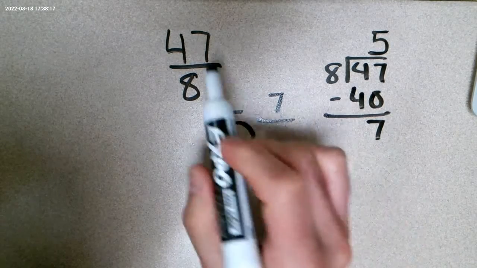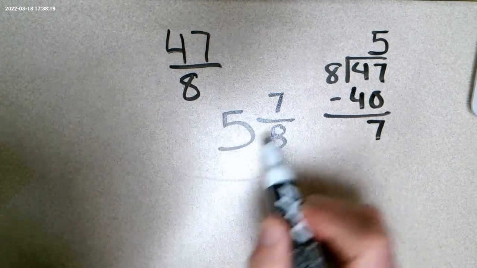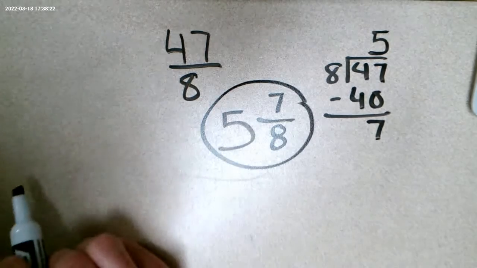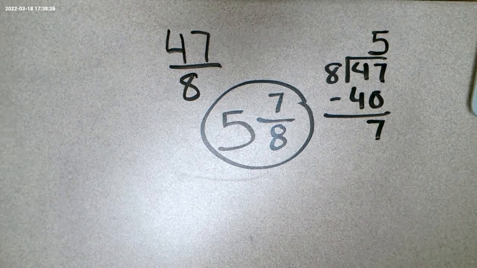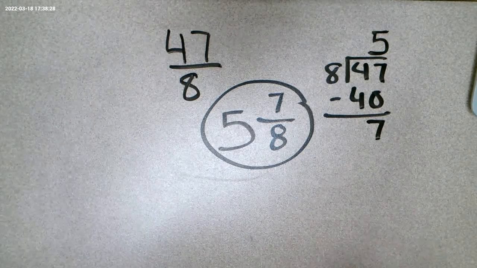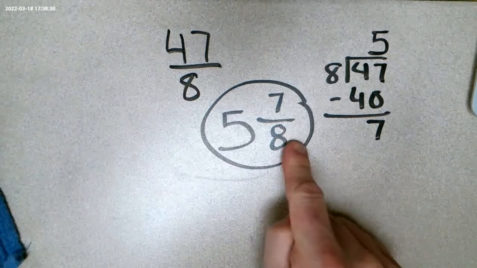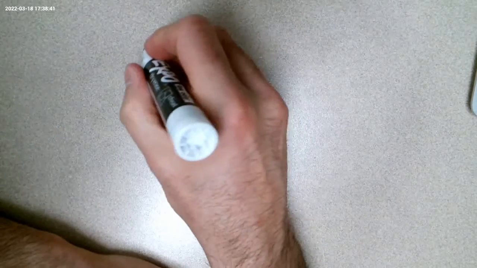So 8 into 47, and 8 goes in there 5 times. So it's going to be 40. I have a remainder of 7. So my whole number is 5. My remainder is my numerator, and my denominator stays the same. So that's a mixed number representation of that improper fraction.